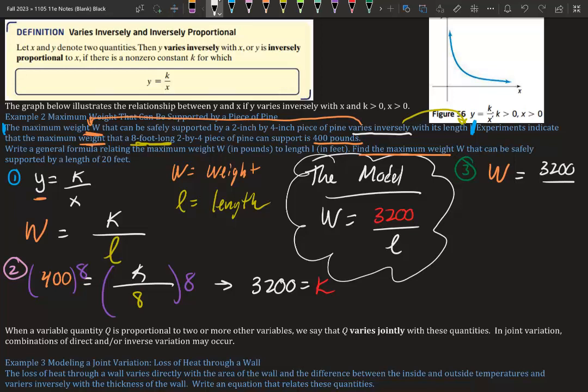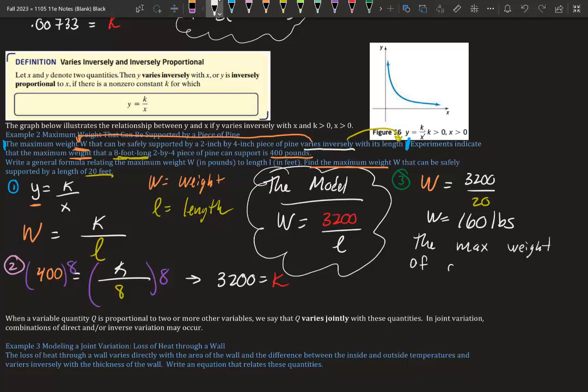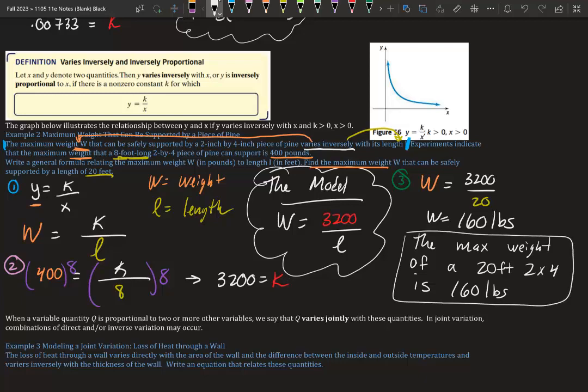So what's the maximum weight that can be safely supported by a length of 20 feet? 3200 divided by 20, we get 160 pounds. The max weight of a 20-foot 2x4 is 160 pounds.